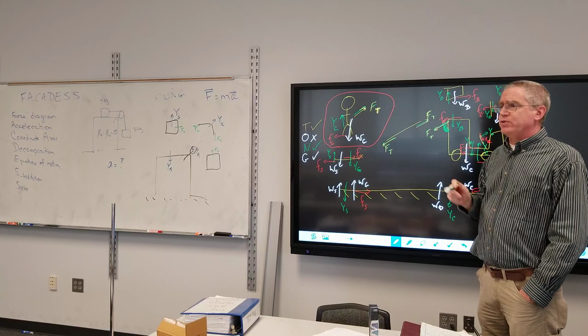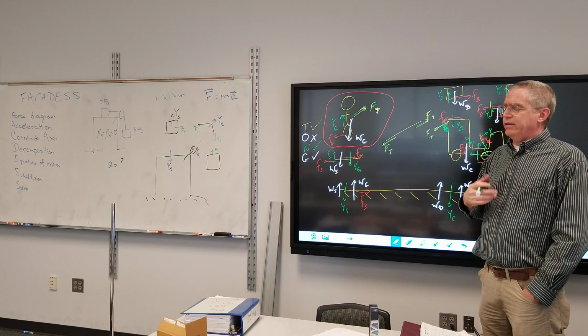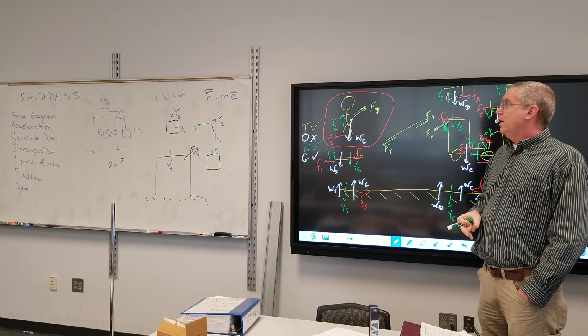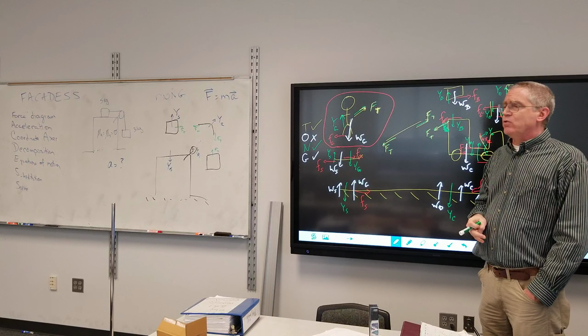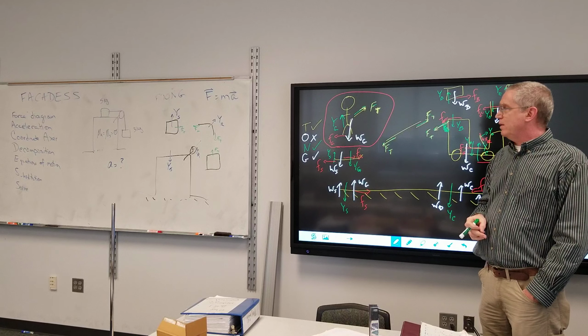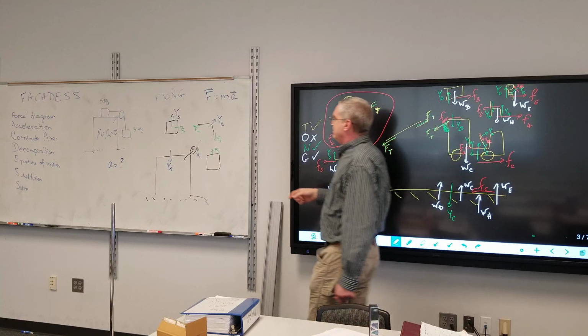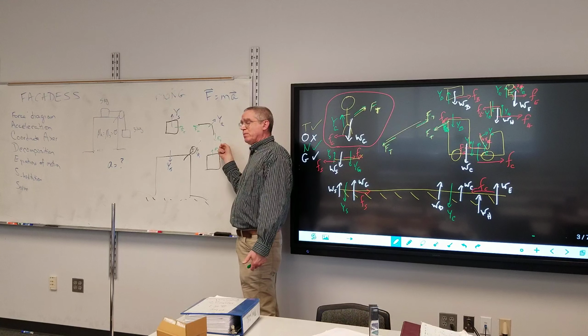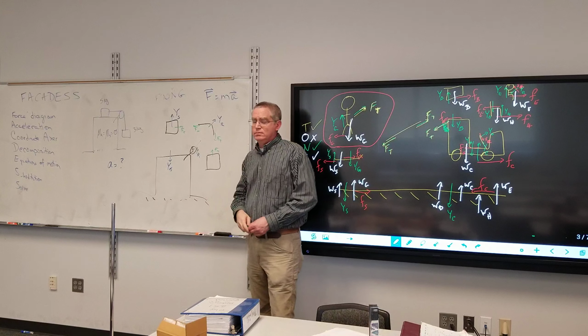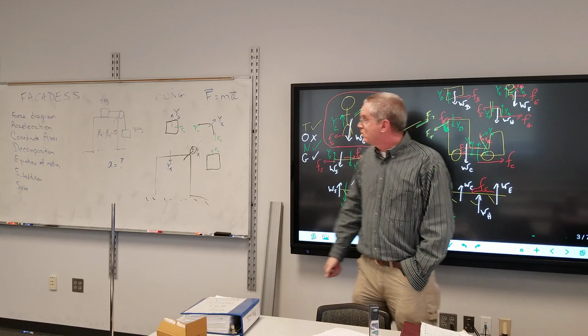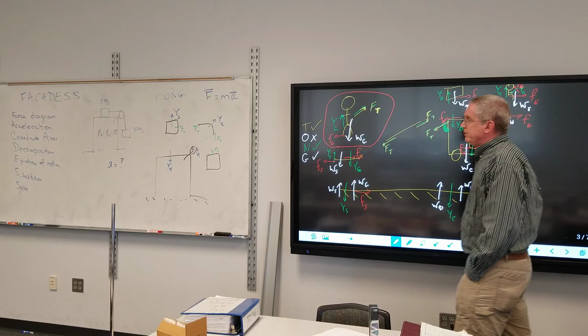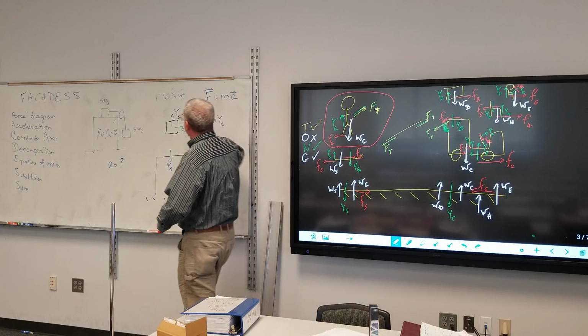I've had some students put subscripts in here, and that's not inherently wrong. And then they go to solve it, and they have an extra unknown, and they fail to take the leap that FT1 and FT2 happen to be equal in this problem. All right, so tension, I have only one rope, I've taken care of both ends, done.